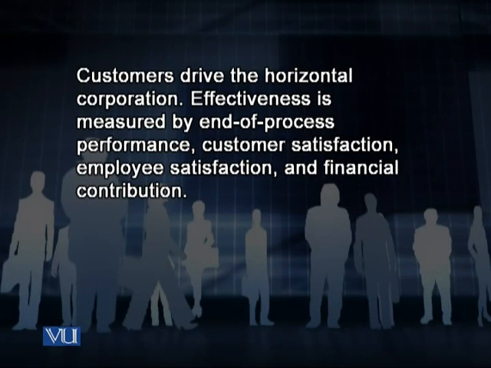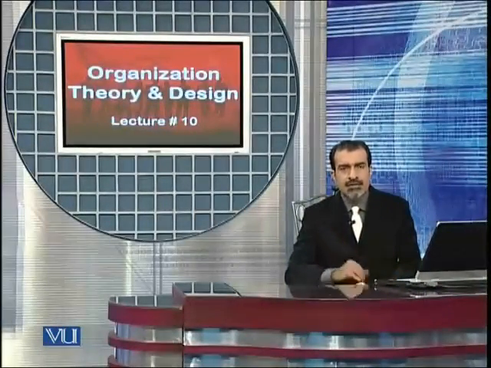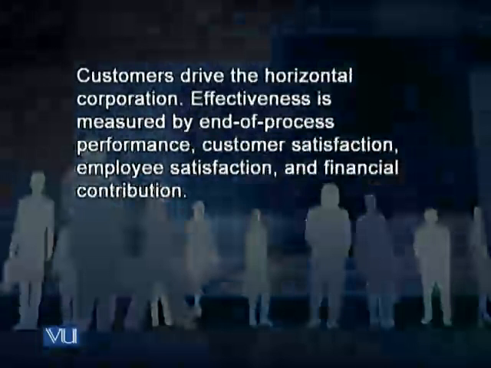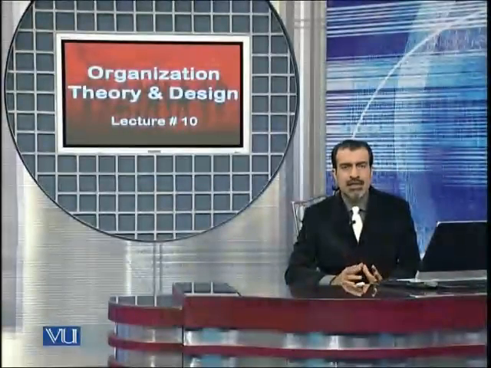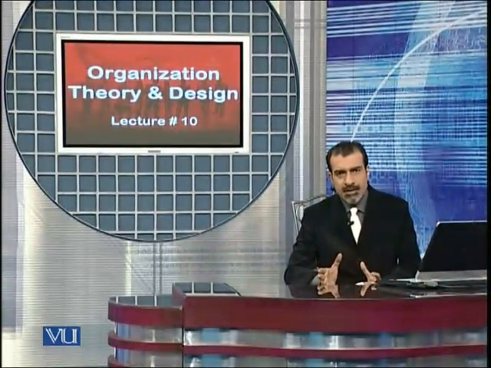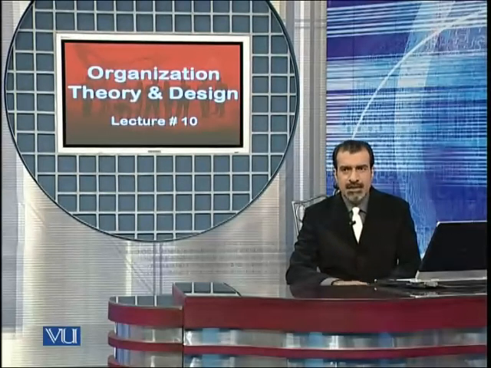Effectiveness here in a horizontal organization is measured by end of process performance and customer satisfaction. End of process performance will actually mean, first of all, what was the intended end product of that process. Then, were the customers satisfied with that product? These customers can be internal customers or external customers, but because we are linking structures with the external environment, we will mean end users or end customers when we use customer in this particular case.